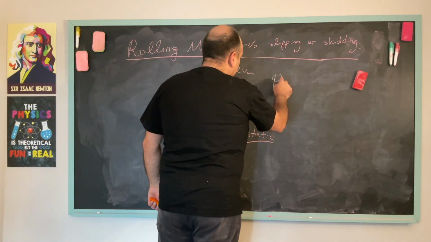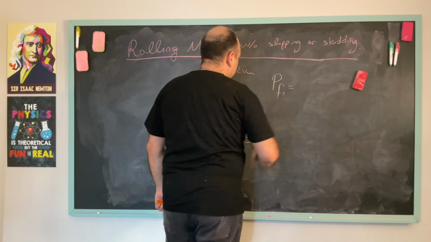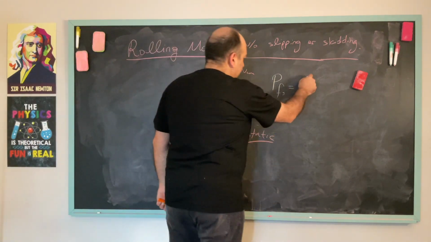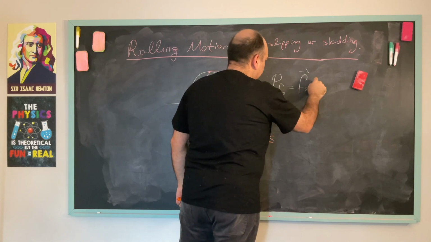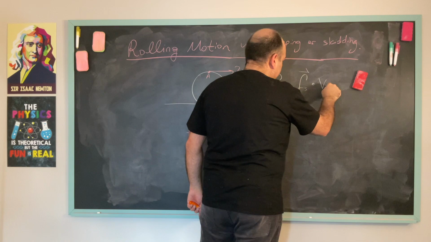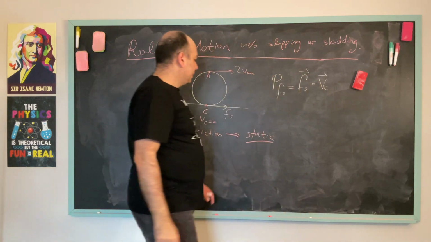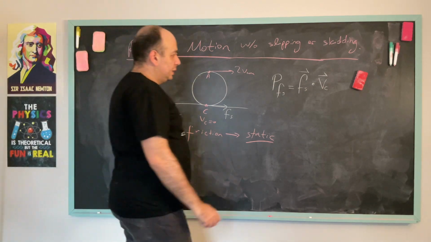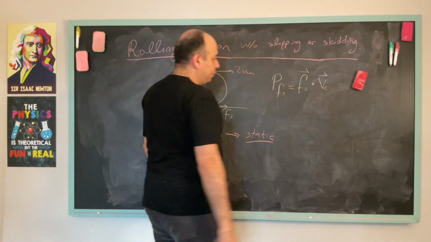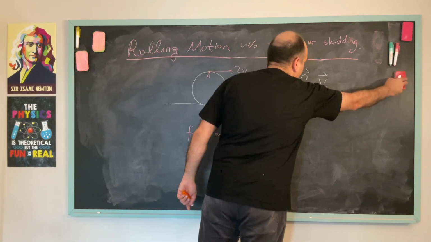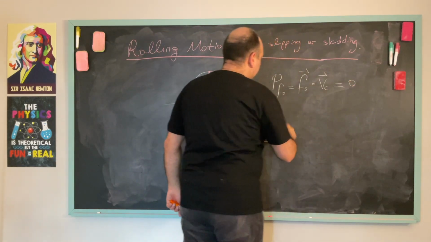So what is the power delivered to the system by this friction force? By definition of power, it will be equal to the dot product of F with the velocity of the point of contact. Since this point is not moving at all, this is simply equal to 0.